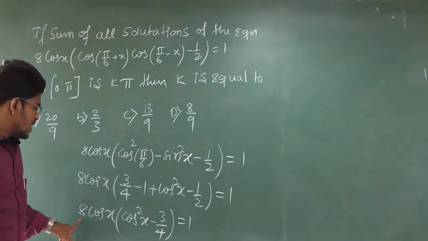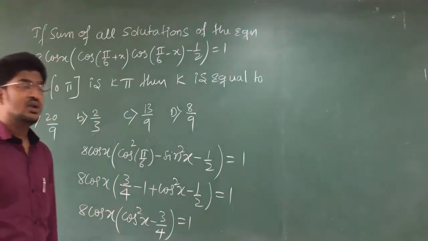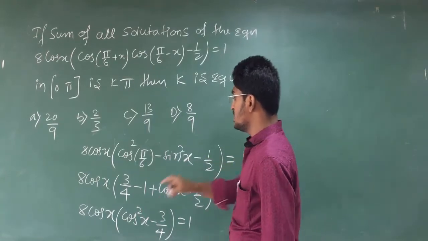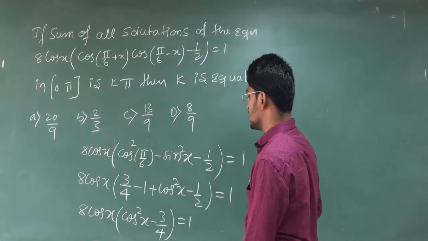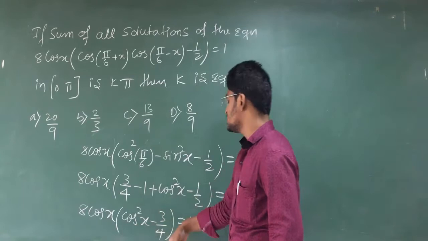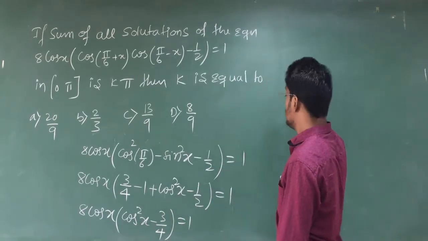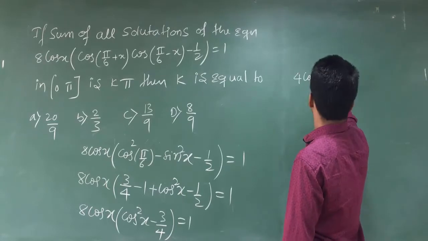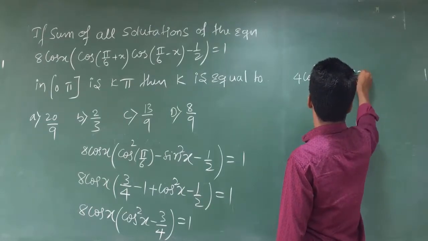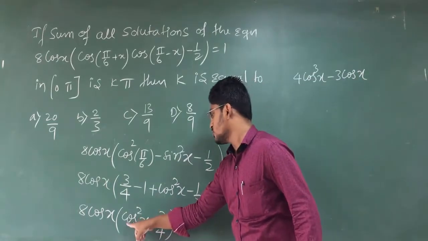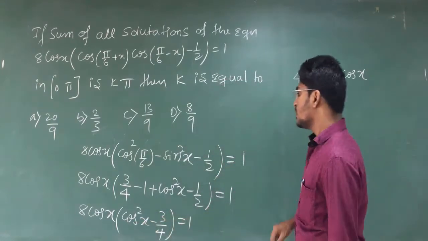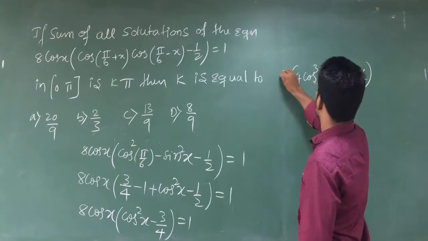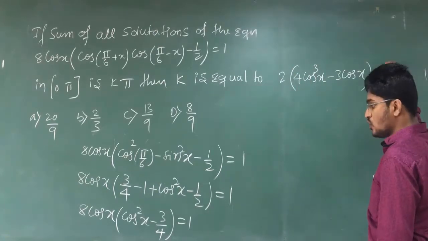So now I will multiply these terms. What are you going to have? See here, you have 8 cos x times cos square x minus 3 by 4. So it will be 4 cos cube x minus 3 cos x, if I take 1 by 4 outside, it will be 2, and this is equal to 1.